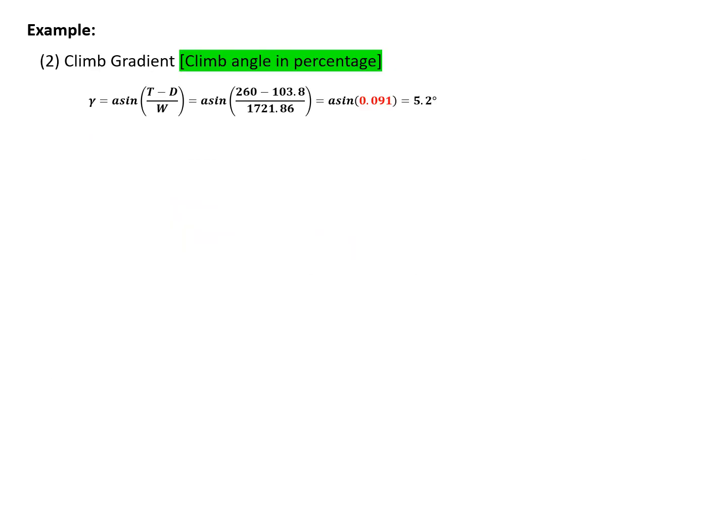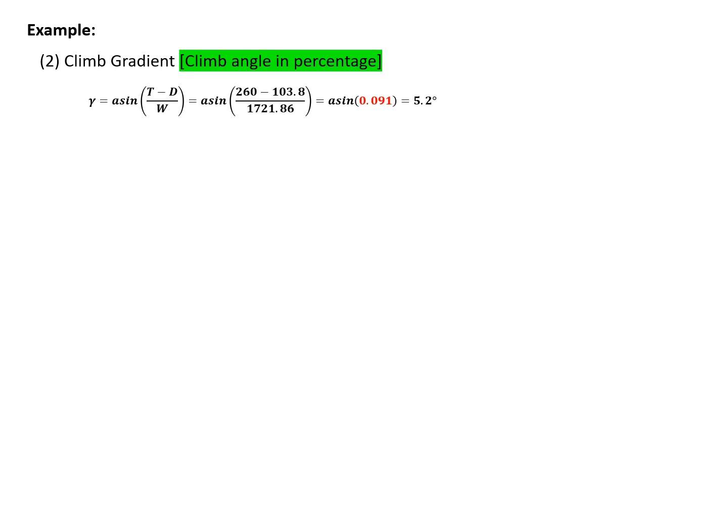The second is climb gradient. As explained earlier, climb gradient is actually the climb angle expressed as a percentage. How can we express an angle as a percentage? Let's see how we can do it. Gamma is the climb angle, and we've calculated it as arcsine 0.091, which is the ratio in a right triangle, and eventually it's 5.2 degrees of climb angle.